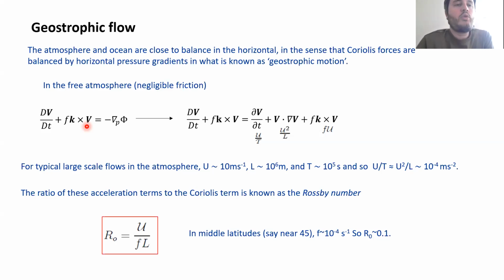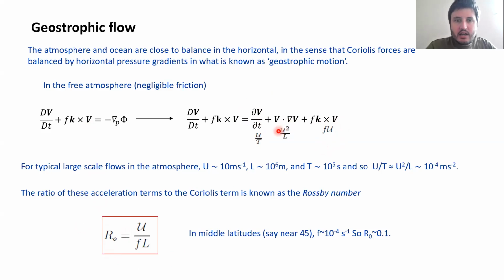When we know that we can apply this approximation, we can build a parameter called the Rossby number, and this is a very important parameter. It is basically the ratio between these acceleration terms and the Coriolis term.